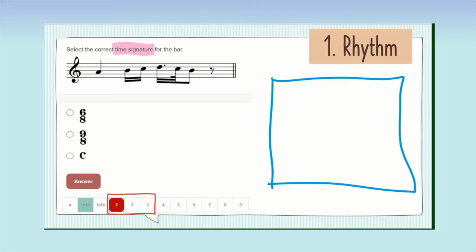For example, the first note here is one count. You can't draw it here, never mind, you can draw on your paper. You just draw one count first, and then you continue until the end, and then you see how many counts you have.